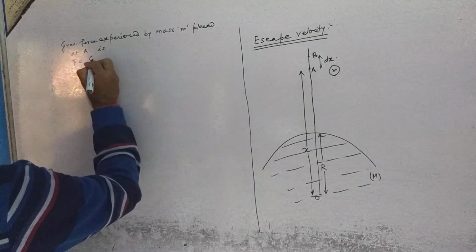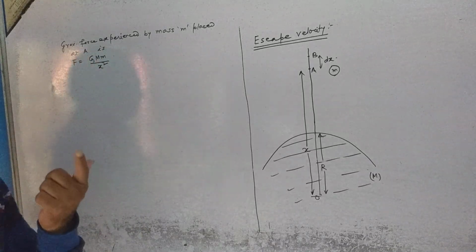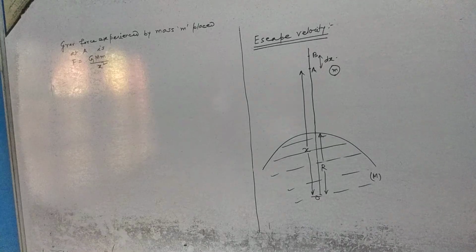Obviously, F is equal to G into capital M into small m by x square. Very clear? This much will be the force experienced by this mass small m when placed at the point.